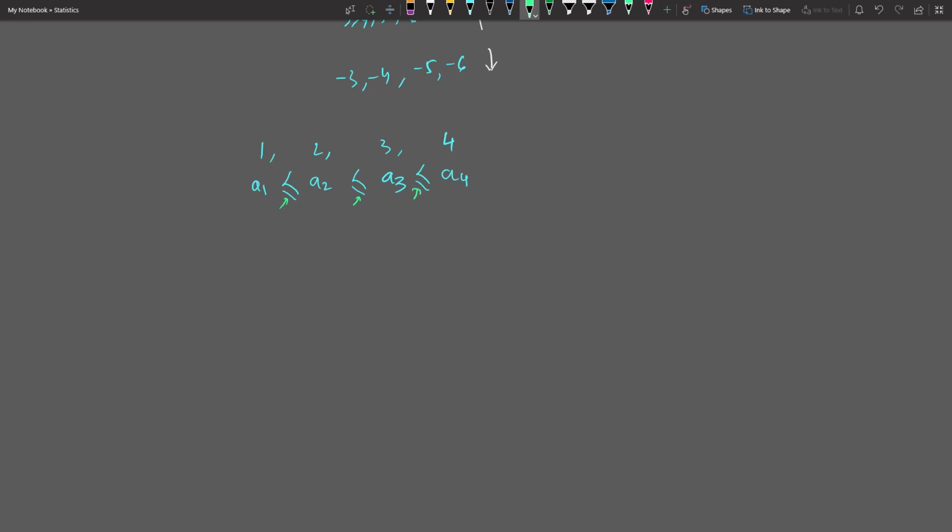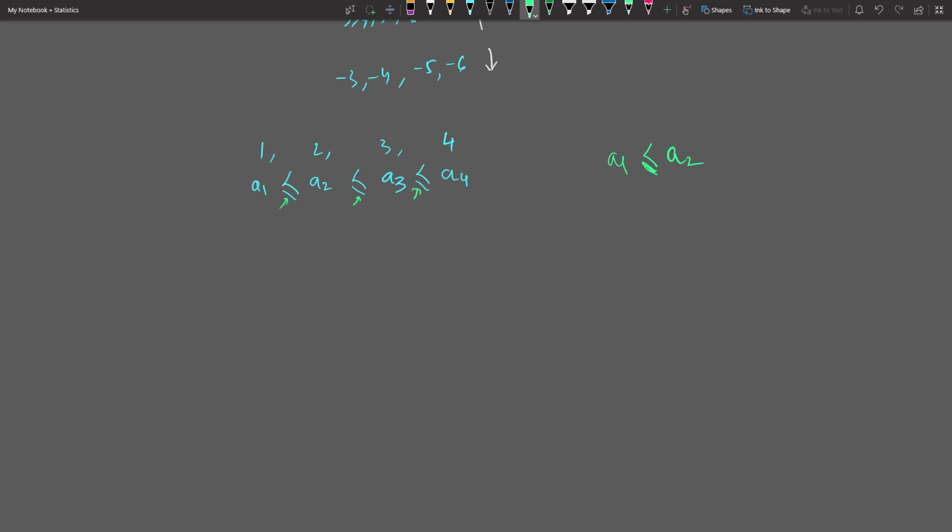A monotonic sequence can be either decreasing or increasing. If it is increasing continuously, I have to use this equal to sign here, because this is not strictly increasing, this is only increasing.